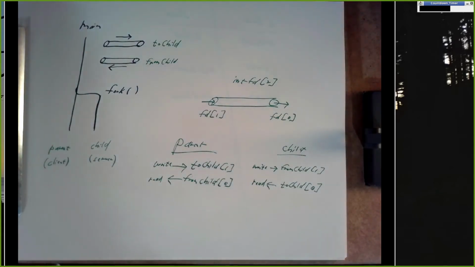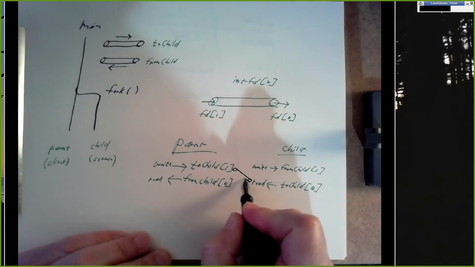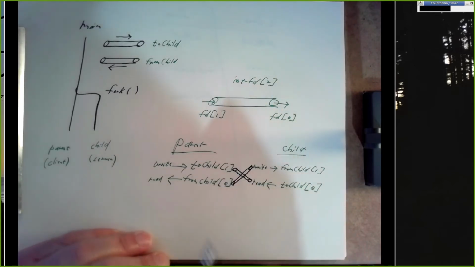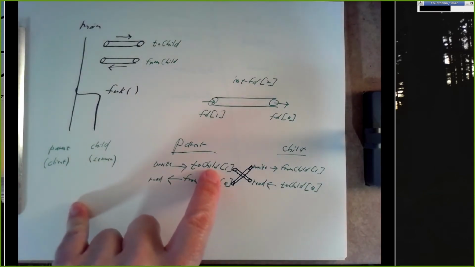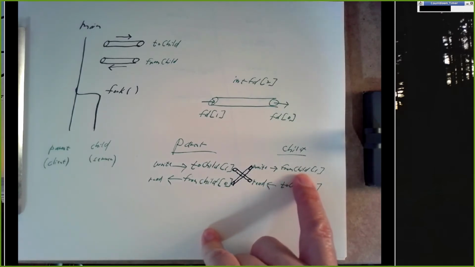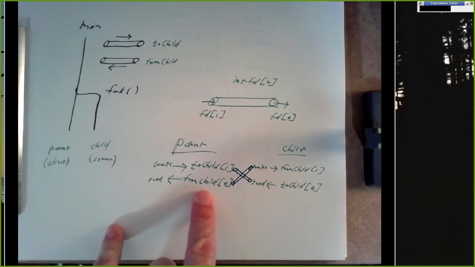We basically have a pipeline connecting these, and we have a pipeline connecting these. So when the parent writes into toChild bracket 1, the child can read from toChild bracket 0. And when the child writes into fromChild bracket 1, the parent will be able to read that at fromChild bracket 0.